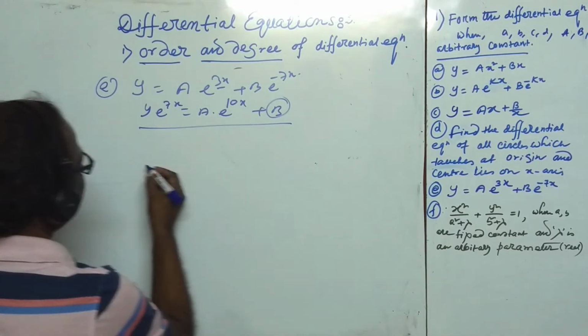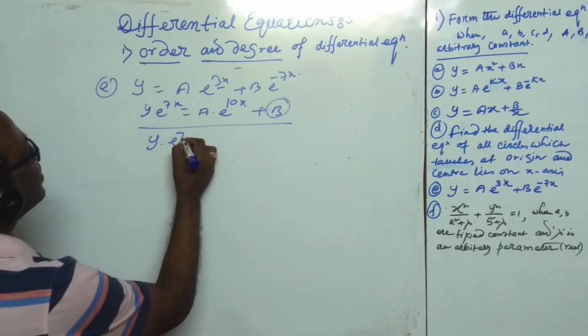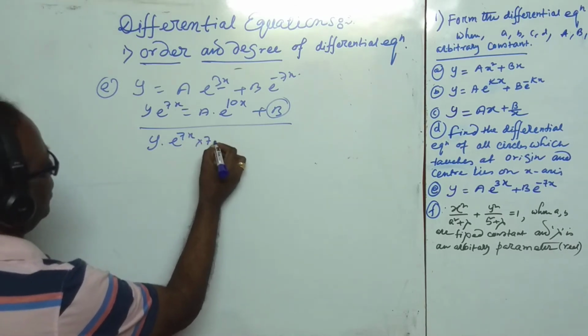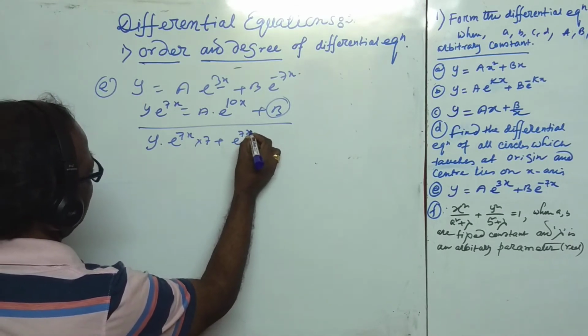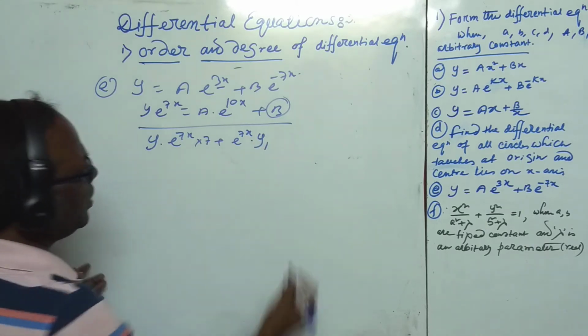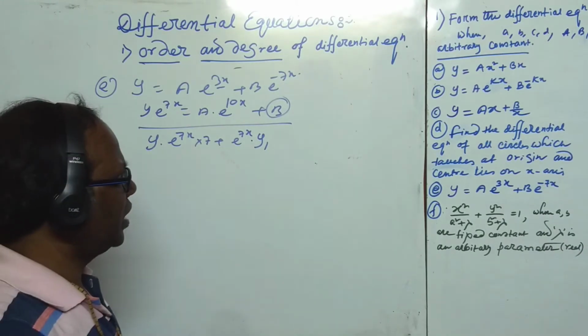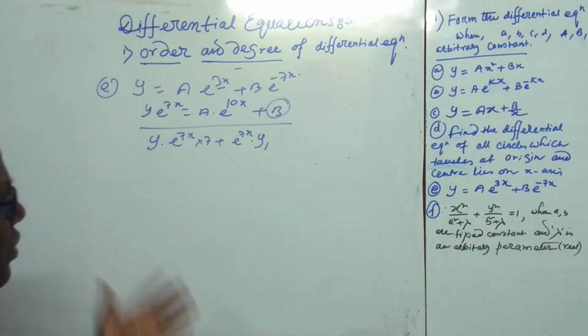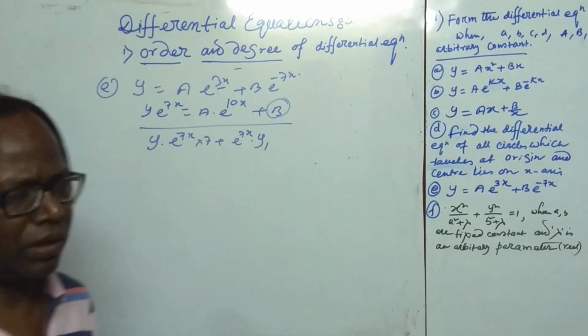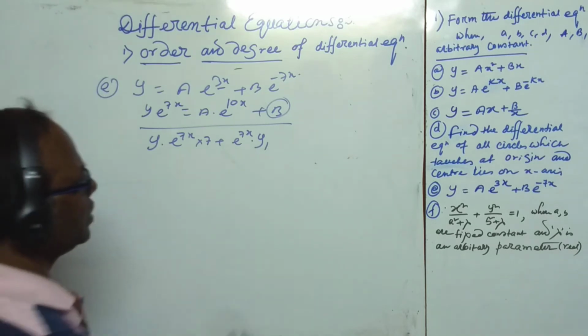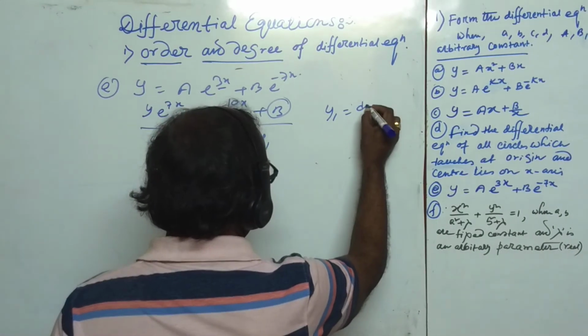Now if we differentiate this, y into e to the power 7x into 7 plus e to the power 7x into y1. In the previous problem I did not mention what y1 is, so now clearly, y1 means dy by dx.